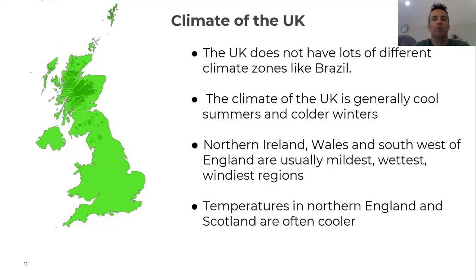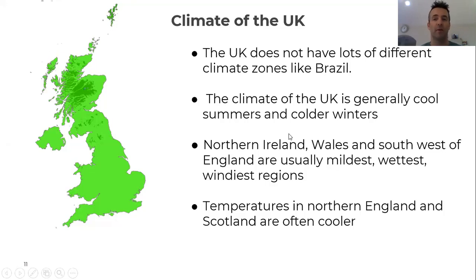So let's just have a quick recap here of our different areas of the UK. So the UK does not have different climate zones like Brazil. The climate of the UK is generally cooler in summers, has cooler summers than some countries, and colder winters, but not as cold as some places like the North Pole.